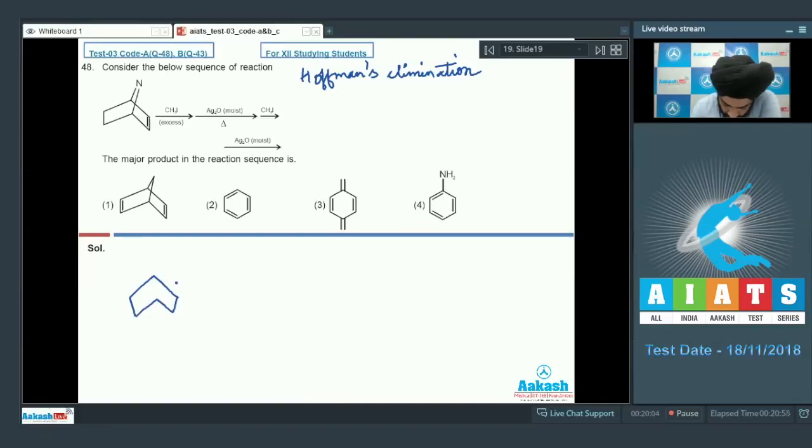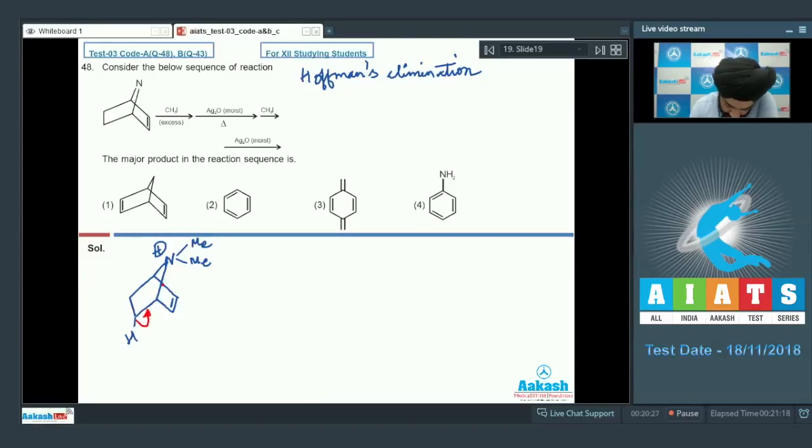So we are going to have the formation of this species. Now, when the species is heated with moist Ag2O, we'll have the formation of a double bond.